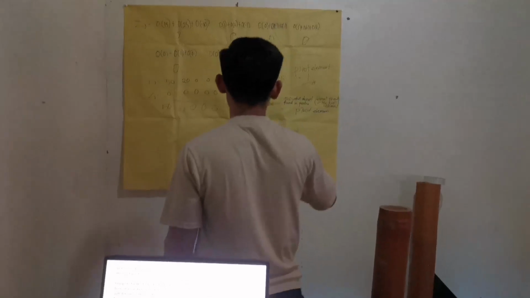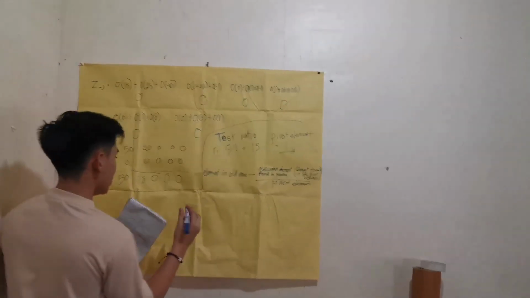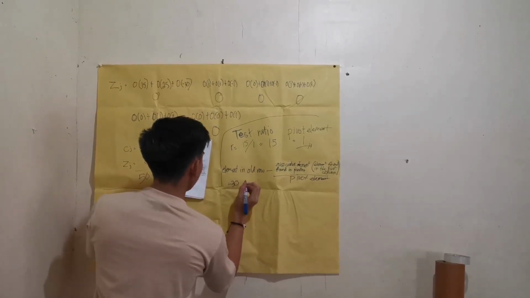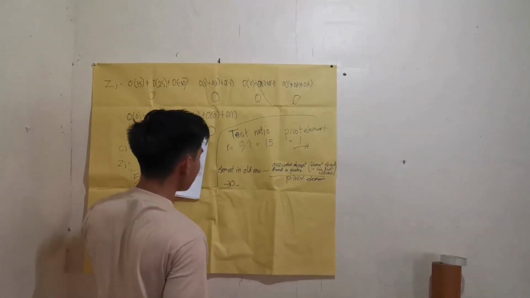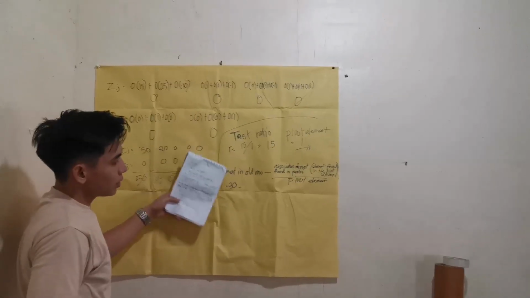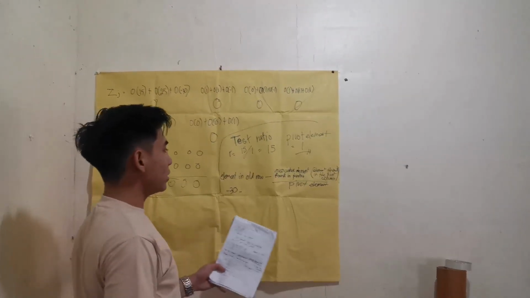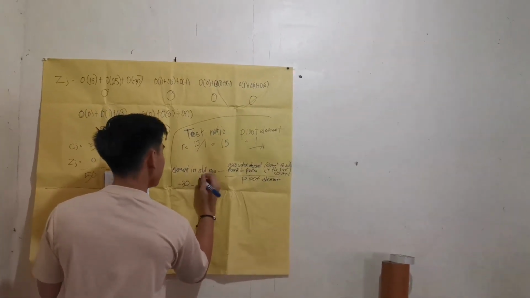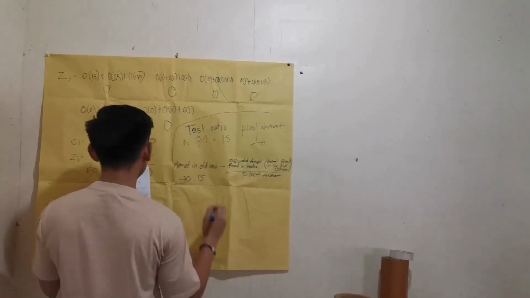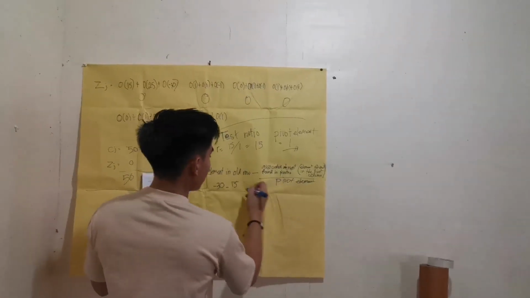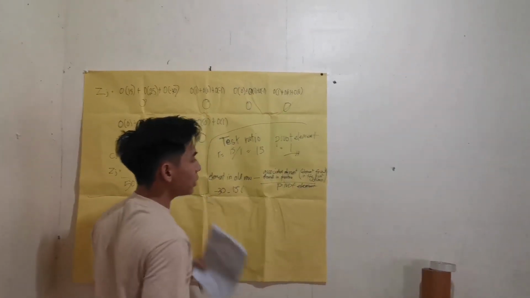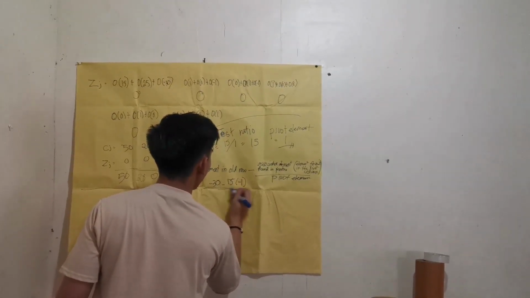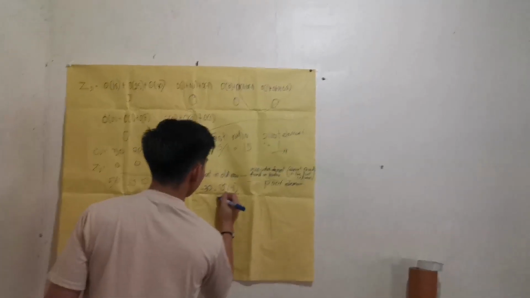Element in old row sa S sub 3 is negative 30 and then minus the associated element found in pivot row, which is 15, times the element found in the pivot column, which is negative 1, all over the pivot element.